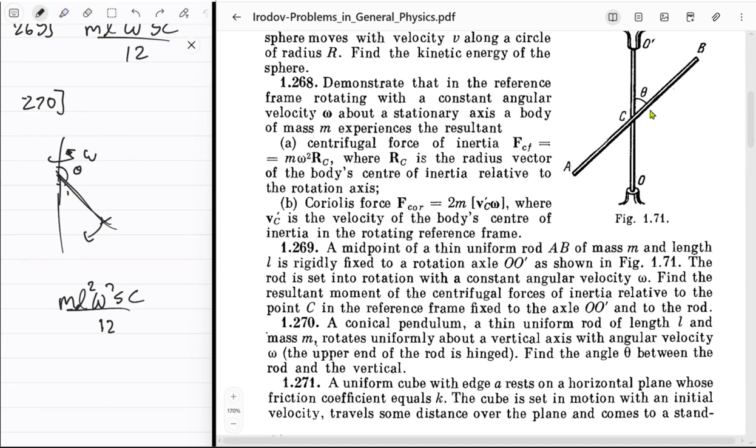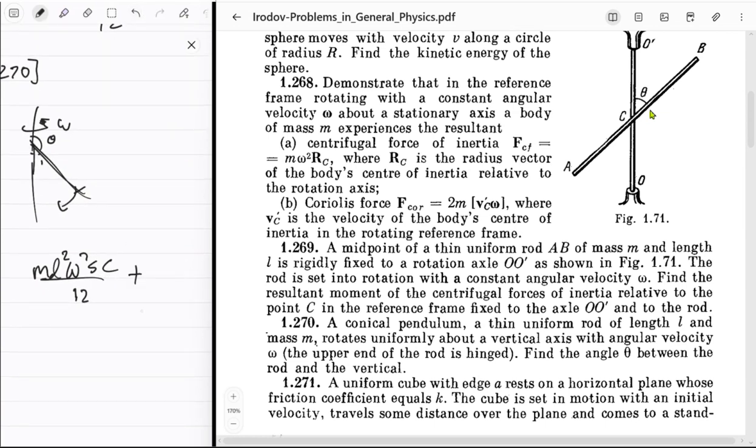Oh no, it's not. Look, theta is more than pi upon 2, that's why this is actually going to be negative. So yeah, it's in the anti-clockwise sense. But in the clockwise sense, its value is this much. And this thing plus the gravity torque. So it's mg throughout in this direction.